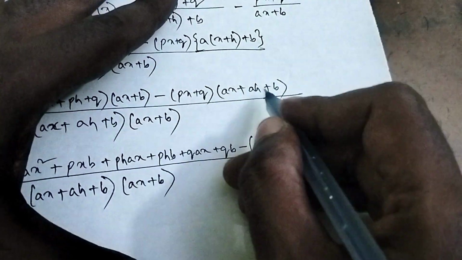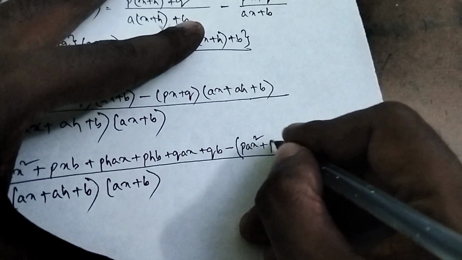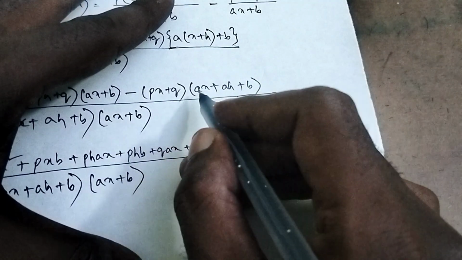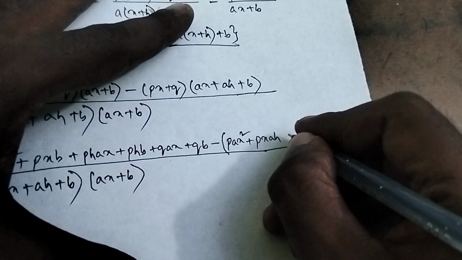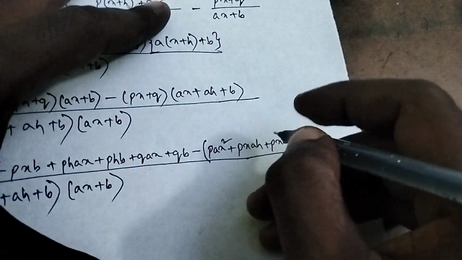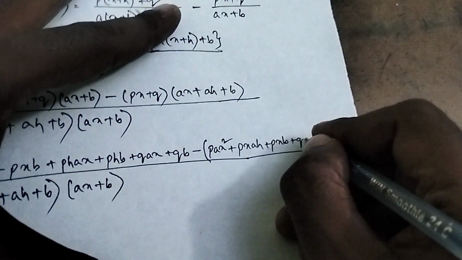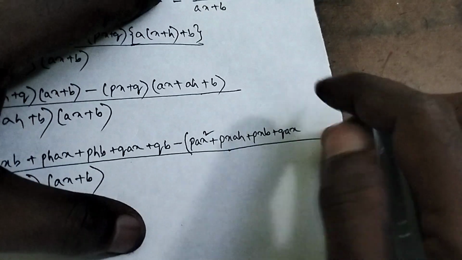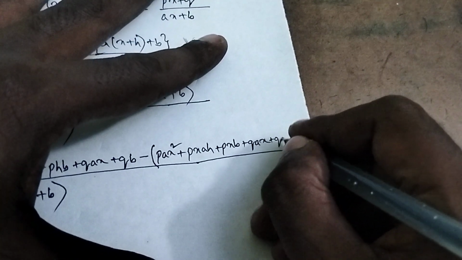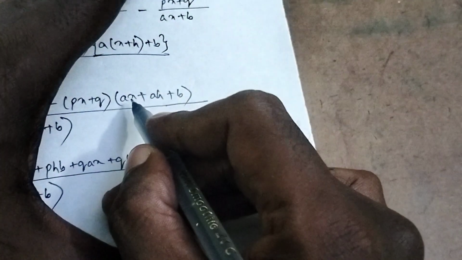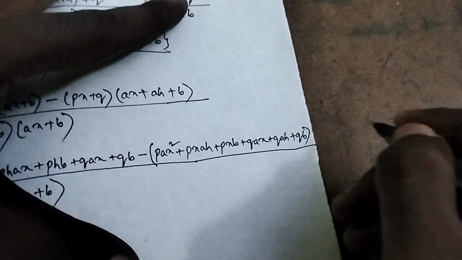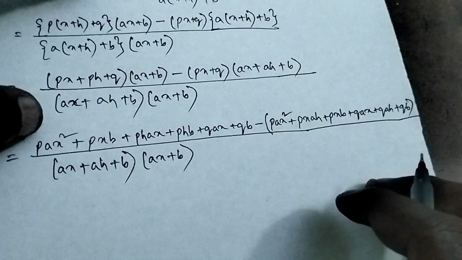Okay, px into h plus pxah, plus pxb plus pxb, plus qax plus qax, plus qah plus qah plus qb. Okay, clear?